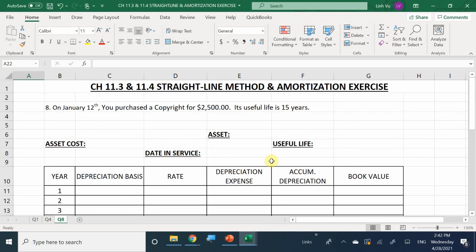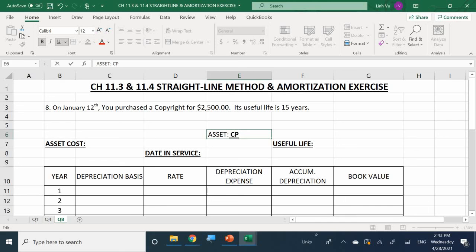So, therefore, what are my components? What did I buy? A copyright. You bought a copyright. How much did it cost me? $2,500. Yes.